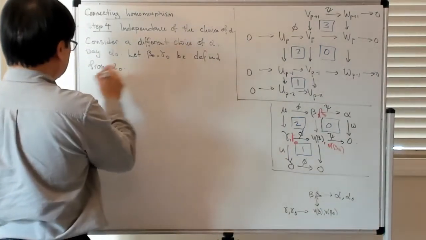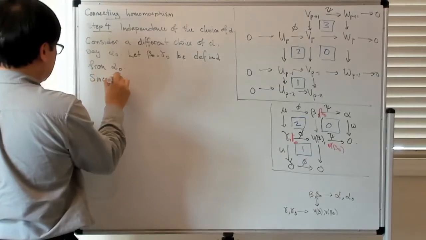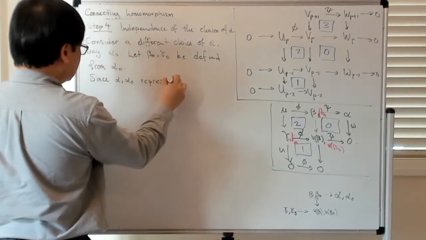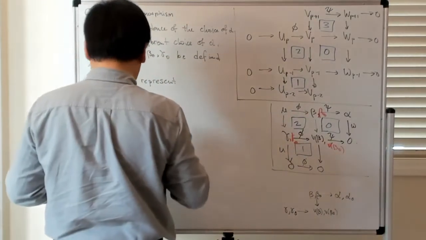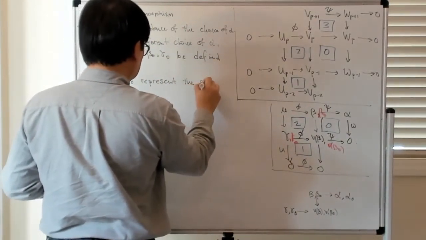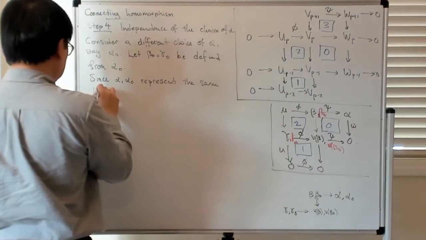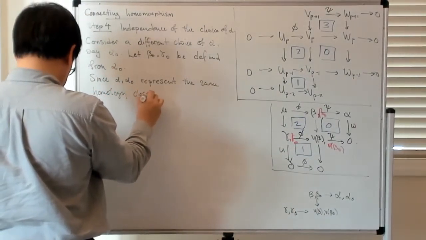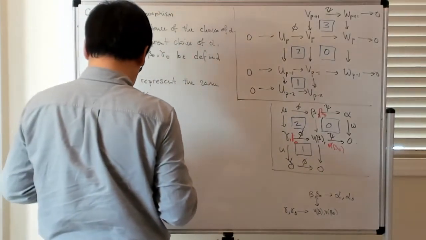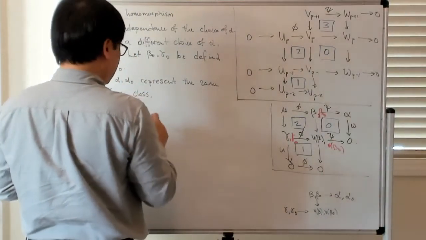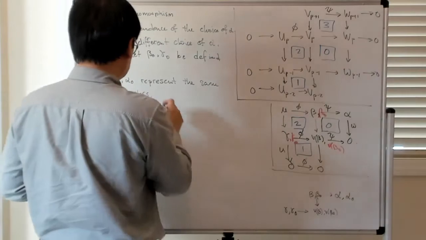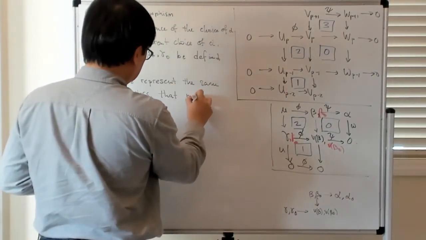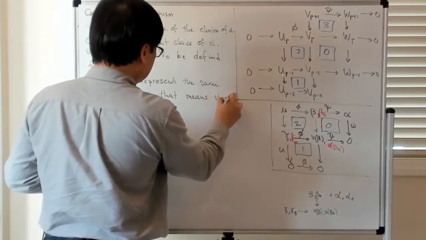So since alpha and alpha 0 represent the same homology class, that means that they differ by a boundary.